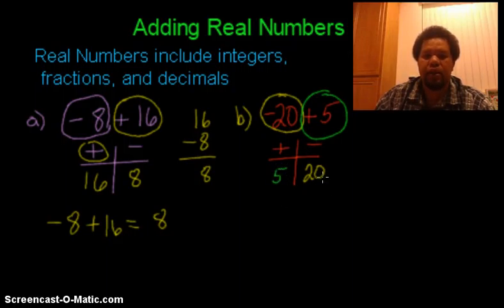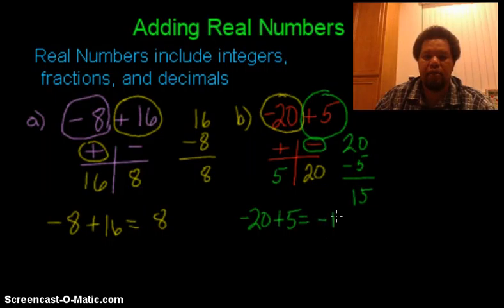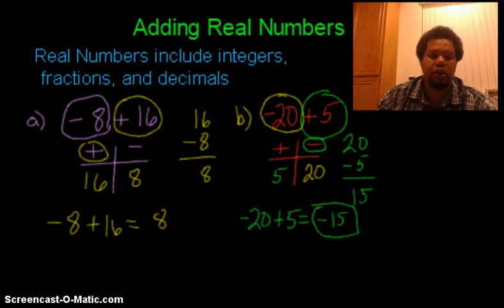Again, these are on two different sides, so we would subtract these two numbers. So we go 20 take away 5 is 15, but this time the negatives have the bigger number, so -20 plus 5 equals -15. Okay, so those are the answers right there.